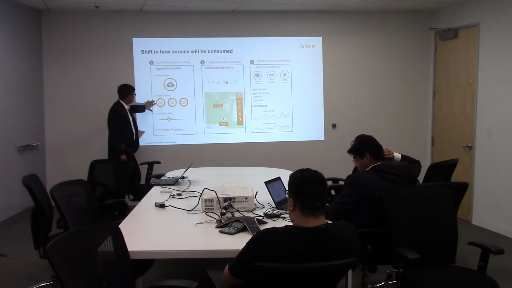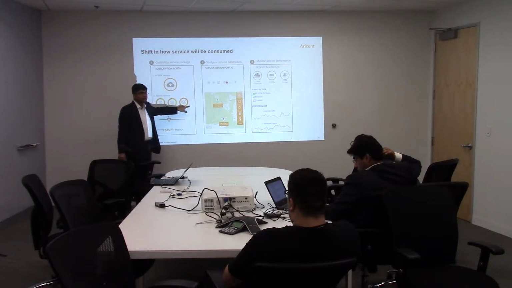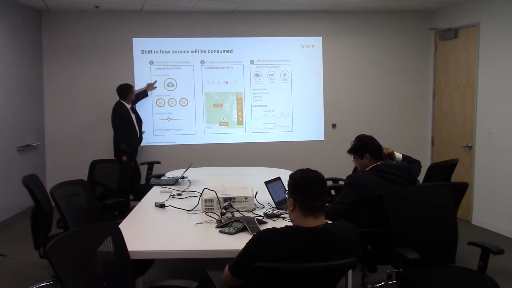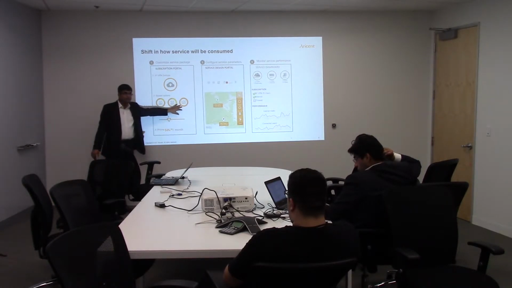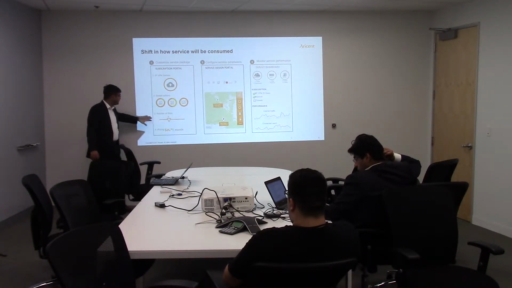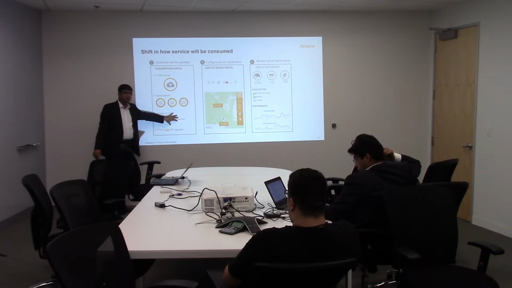I should be able to select from the different options that I have. Maybe if I am selecting a VPN service, I should be able to select the different speed that I want. And then I should select the number of sites I want to connect through this VPN. And then I should see a price.